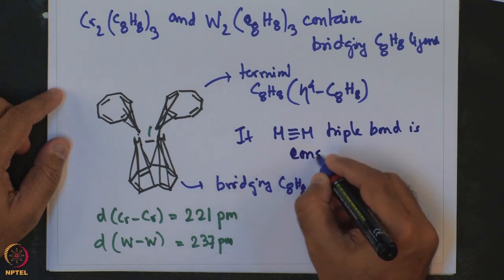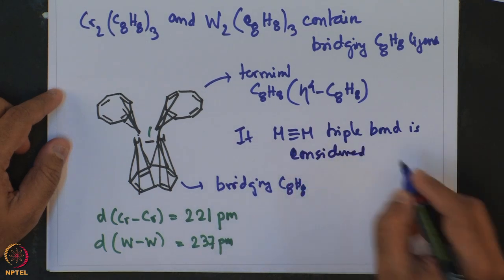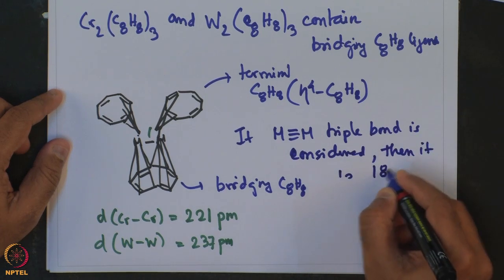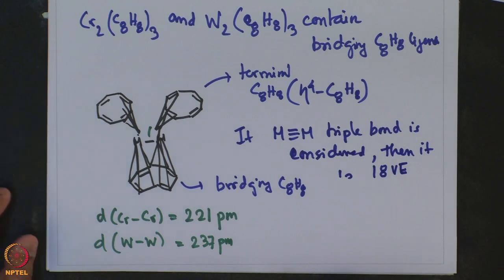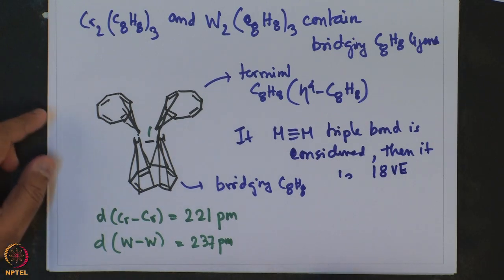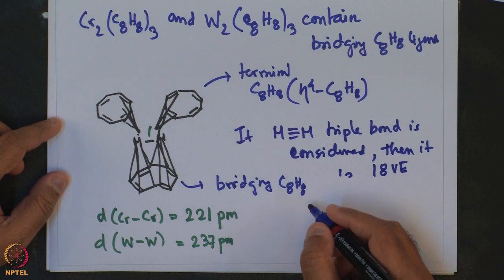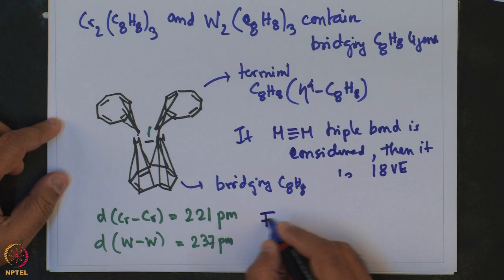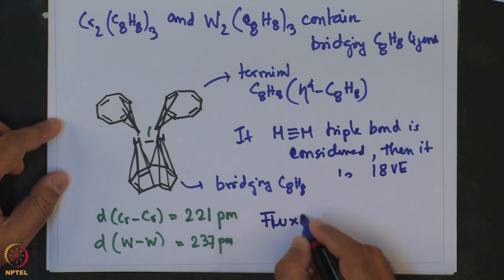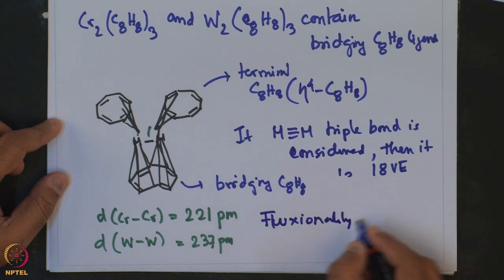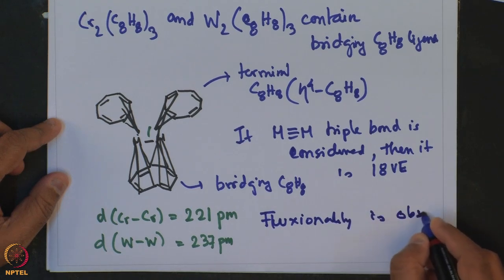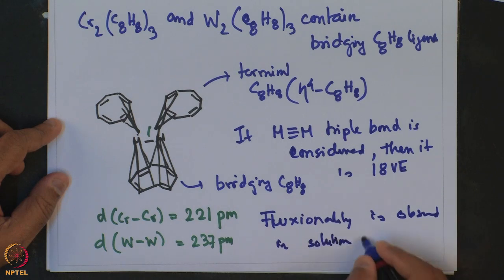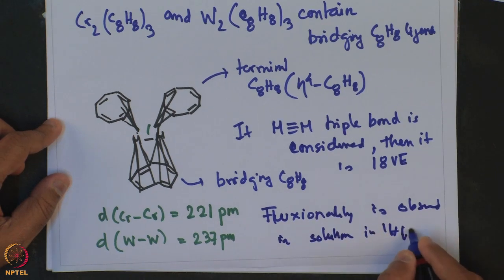is considered, then it is an 18 valence electron complex, and there is a fluxionality observed in solution in proton NMR.